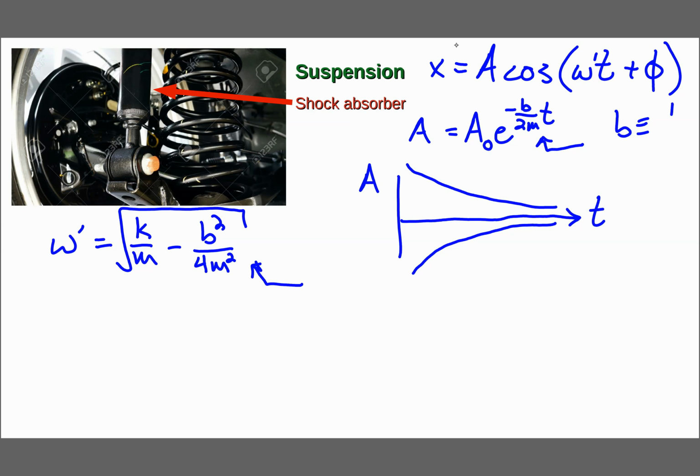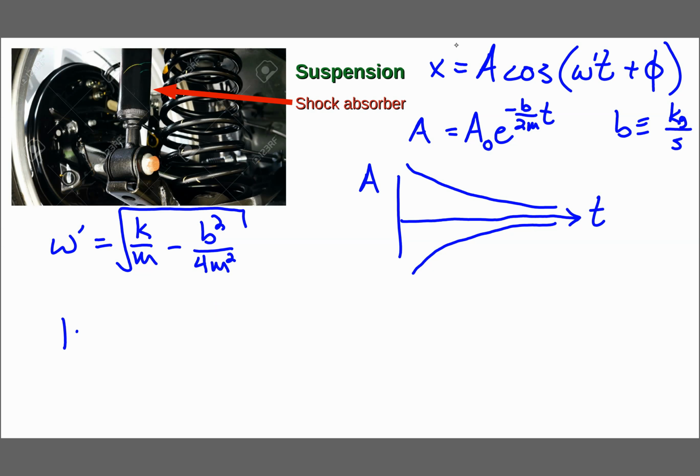And so this b must have units of kilogram per second, for this to work out, because the power of e here can't have units. And this thing here has to come out with these units. So the units must be kilogram per second.